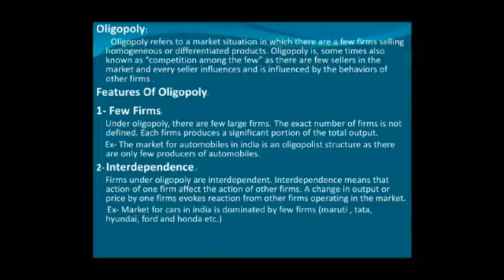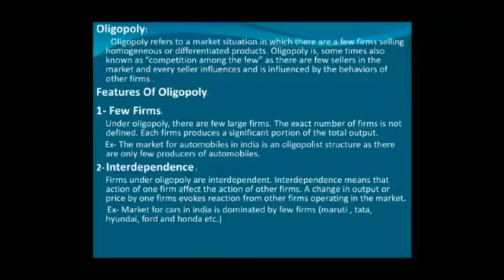In our syllabus, at present time, only oligopoly is our syllabus in imperfect competition. So, let us discuss about it. Oligopoly. Oligopoly refers to a market situation in which there are few firms selling homogeneous or differentiated products.